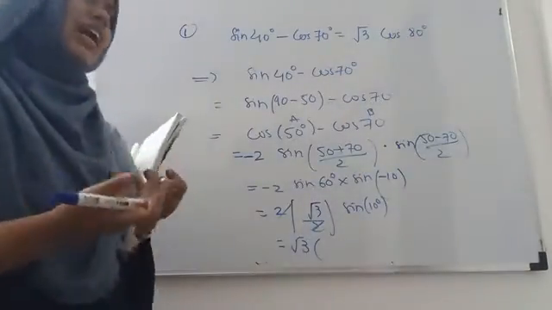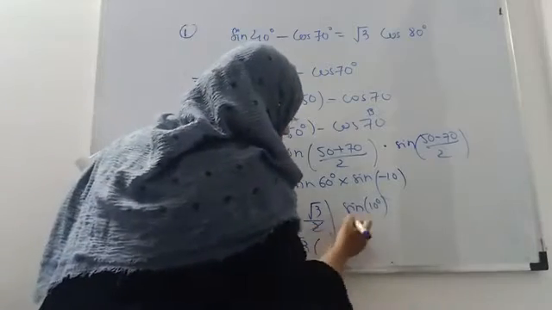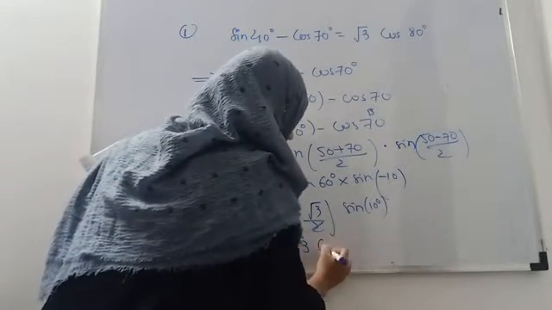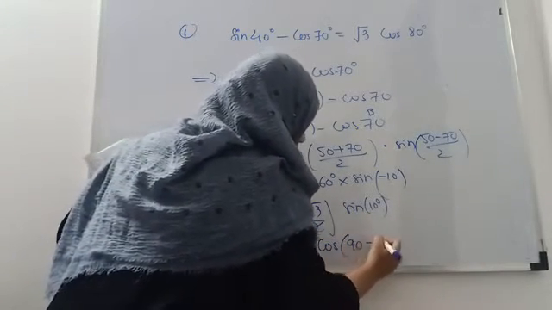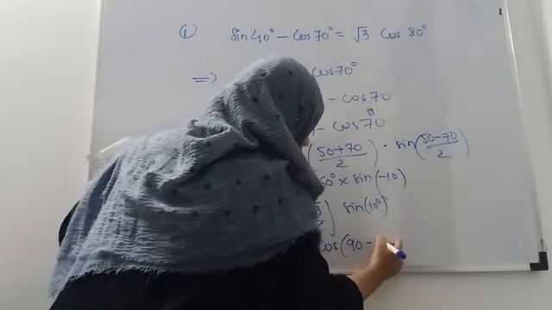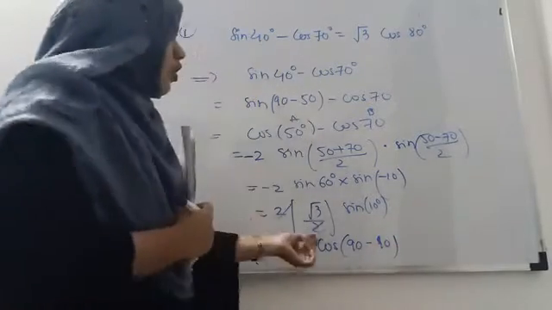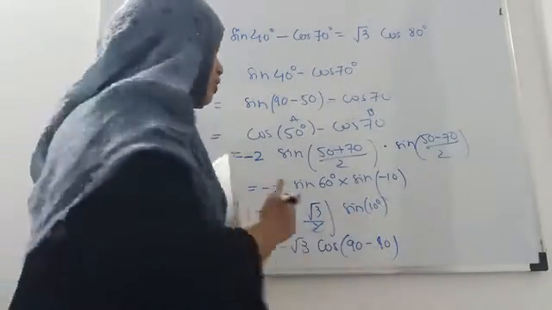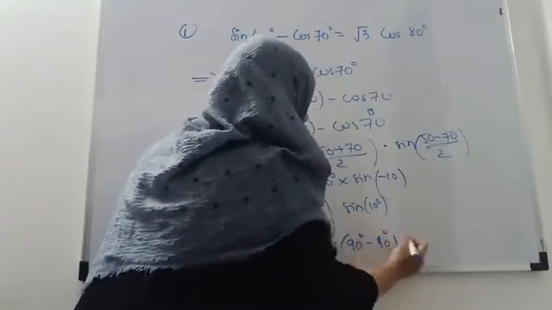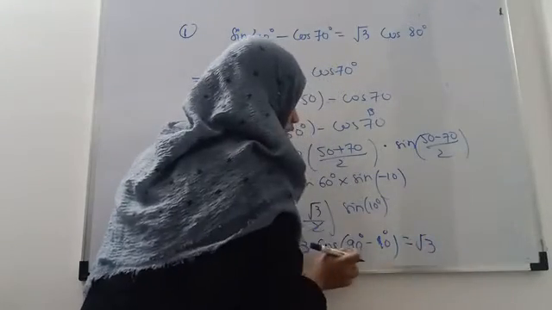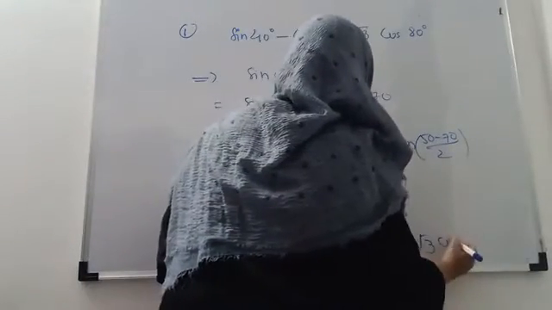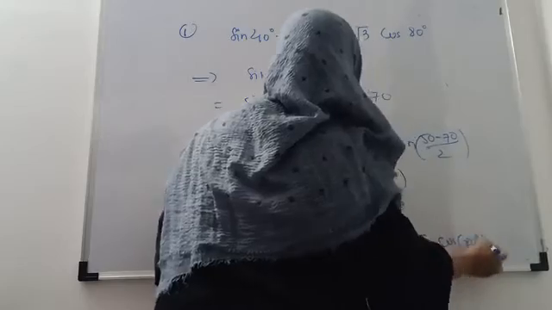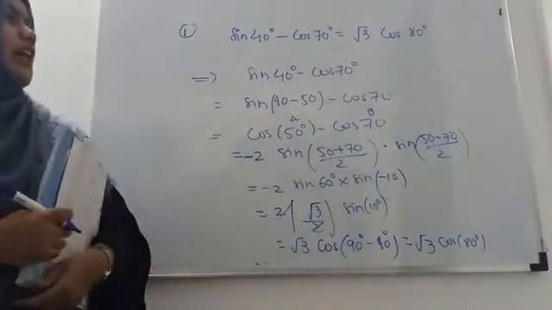The sin 10 can be written as cos of 90 minus 10, which by the allied angle is sin 10 only. So this equals root 3 cos 80, and this is your RHS.